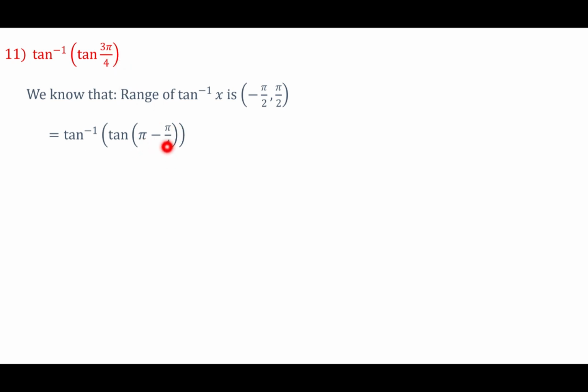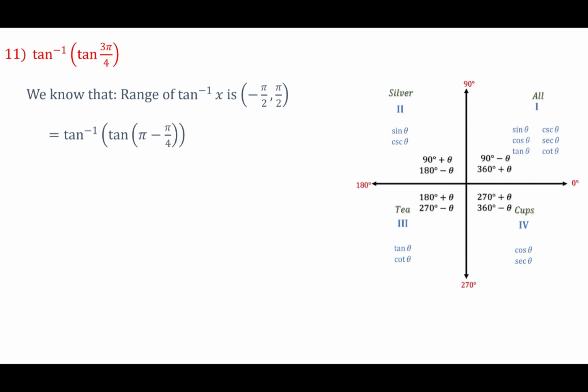And 180 minus theta is in the second quadrant, but in the second quadrant it is sine and cosecant that are positive, but tan is not. And 180 is unchanged, so tan remains the same, but with a negative value. It will be tan inverse of negative tan pi by 4.